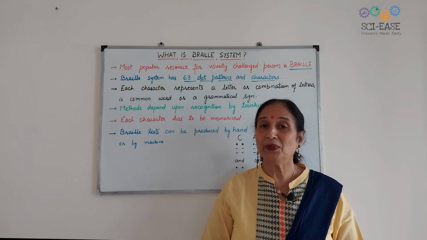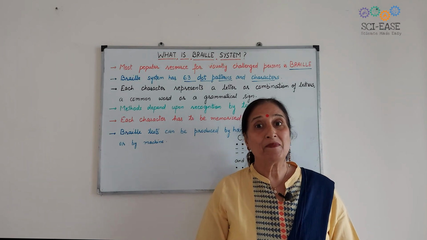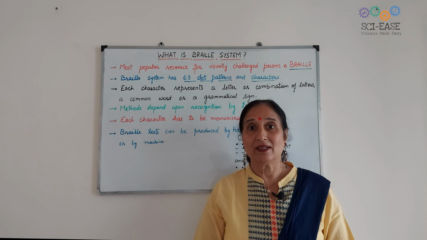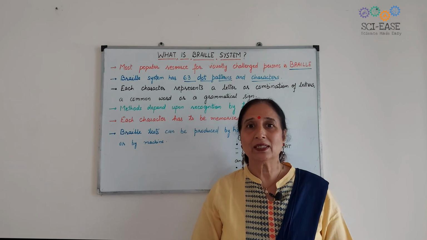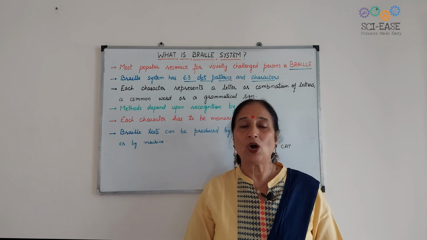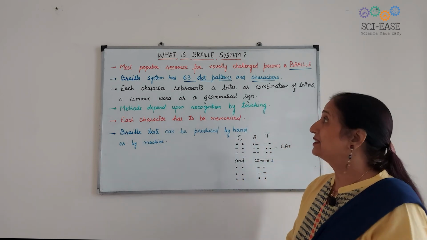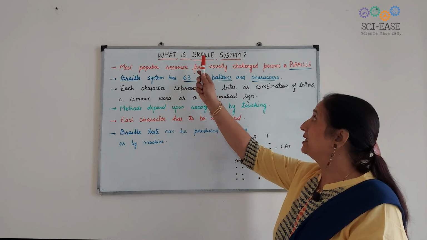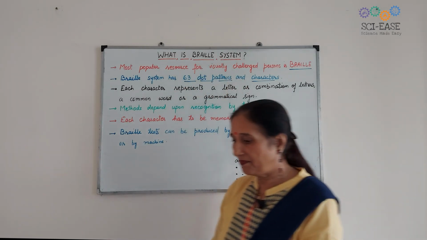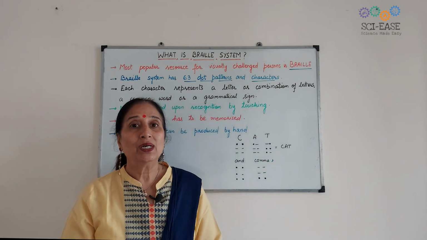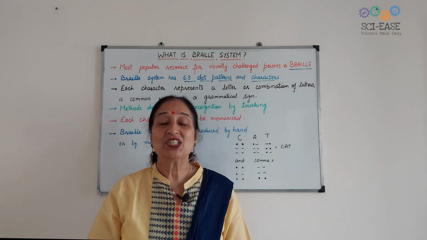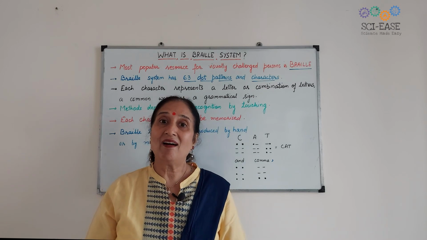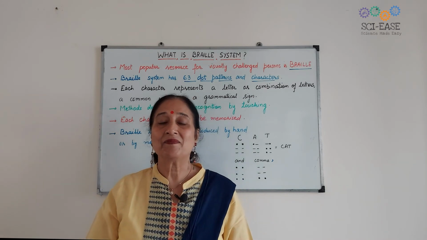In this video, I am taking up the last and very important topic of the chapter Light of class 8th. And the topic is, what is the Braille system? We know that some children are visually challenged.